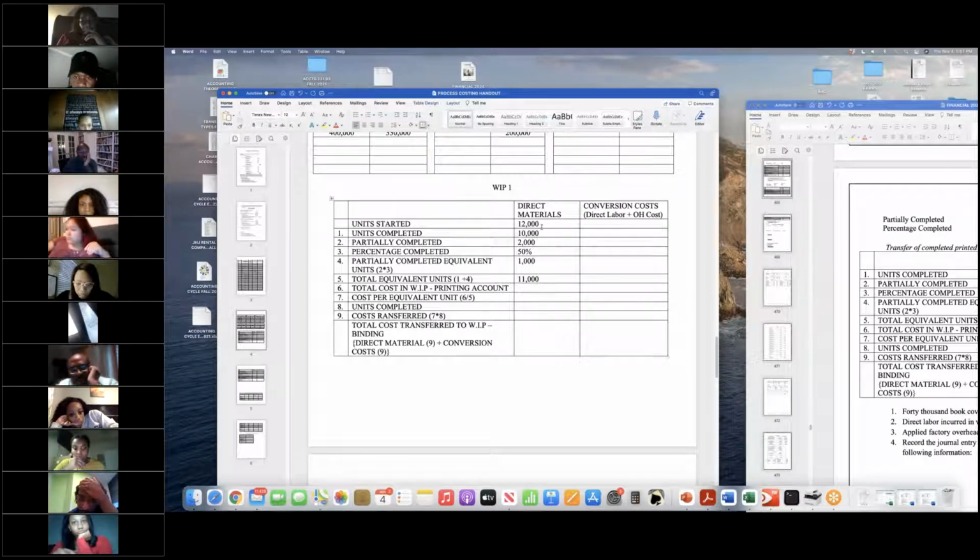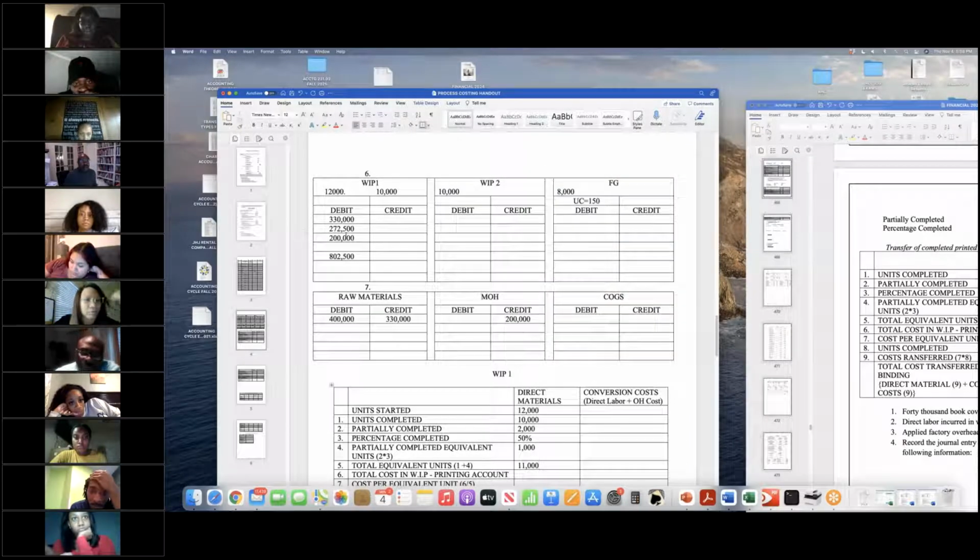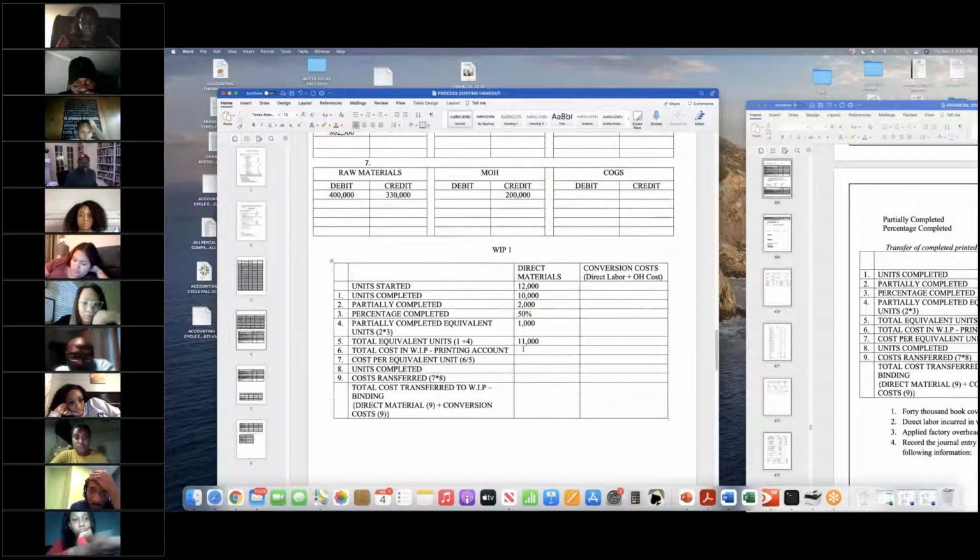As we started 12, 10 of them were complete all the way. The other 2 were only half complete, so when we get ready to get the total equivalent units, we can only utilize 11,000. They work, but they only work half the time, half the hours. We bring down our total cost for raw materials, $330,000.